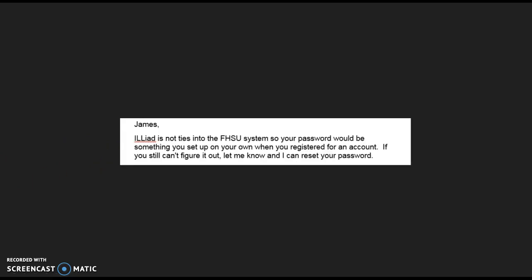And here's another example of an email that was sloppy. I sent this regarding getting back into the system, which is for interlibrary loan. And the person typed it out fast and sent it, is not tied into the FHU system.